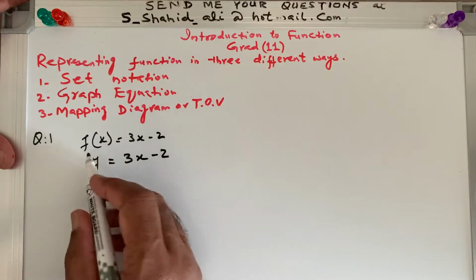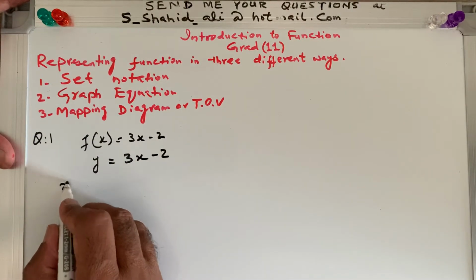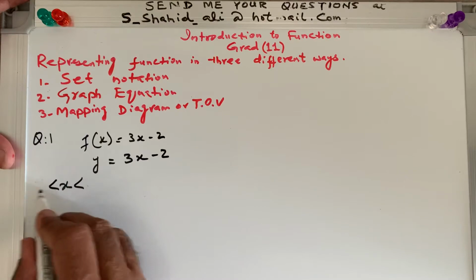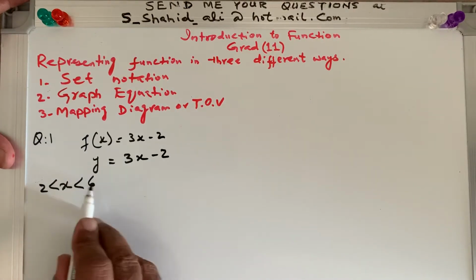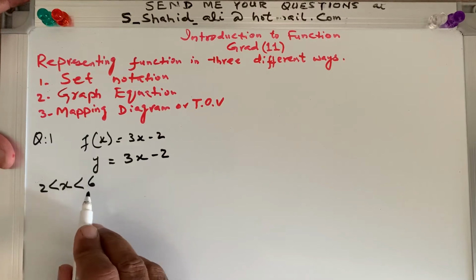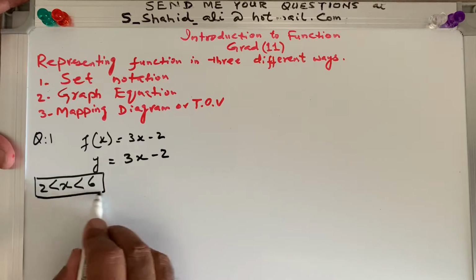But when the question is given and a condition exists that your x is lying in between 2 and 6, what does it read? X is in between 2 and 6, right? So we have to take care of this condition, whatever is listed in the question.